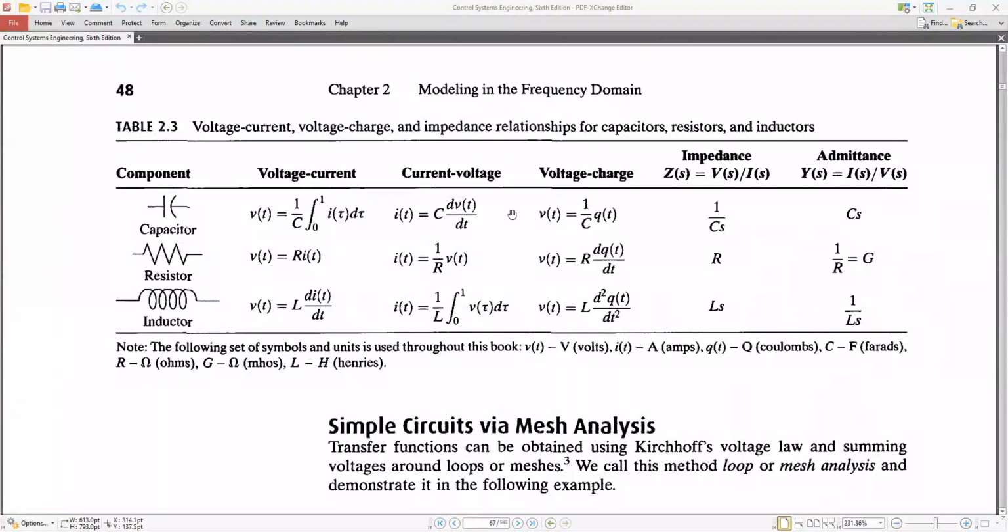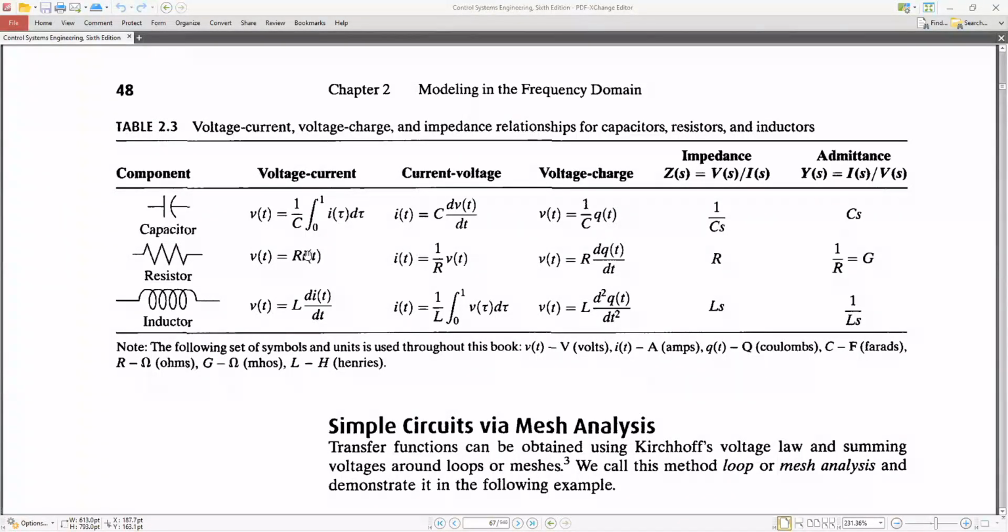See this figure. See this table actually. It is a capacitor, resistor, and inductor. Three things are there. And here are the equations: voltage-current equation, current-voltage equation, voltage-charge equation, impedance equation, as well as the admittance equation.